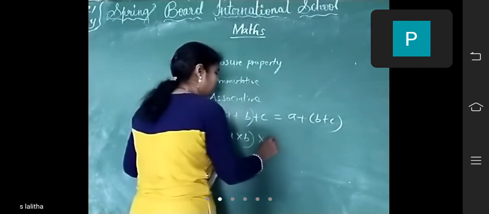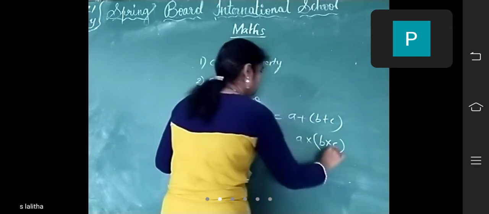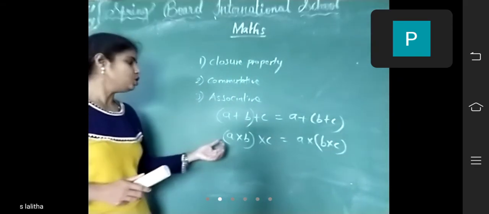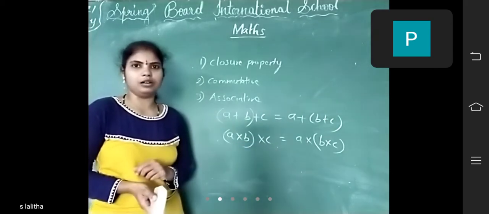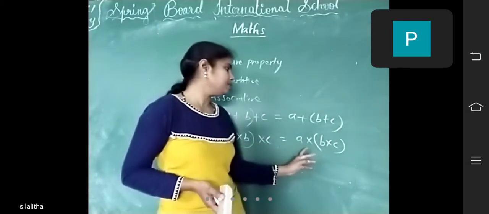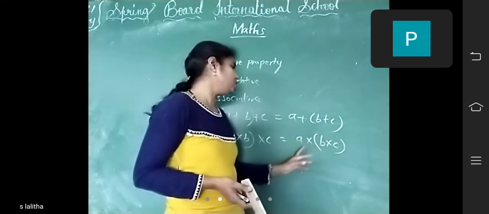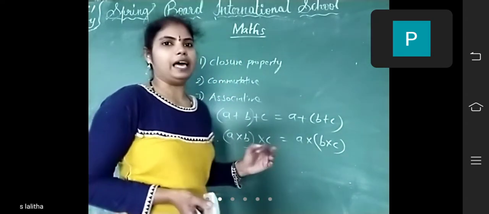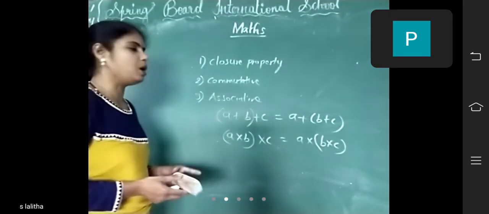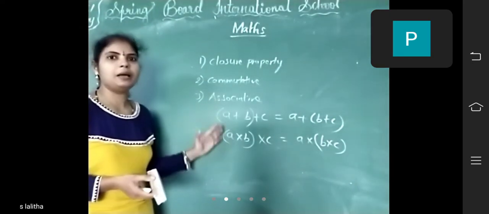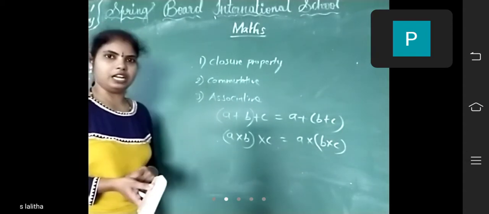A into B into C. First you multiply the first two whole numbers, then multiply the third whole number. In RHS, first you multiply the second and third whole numbers, then multiply the first whole number. Like that, you find the associative property. Associative property is satisfied under addition and multiplication. It is not satisfied under subtraction and division.